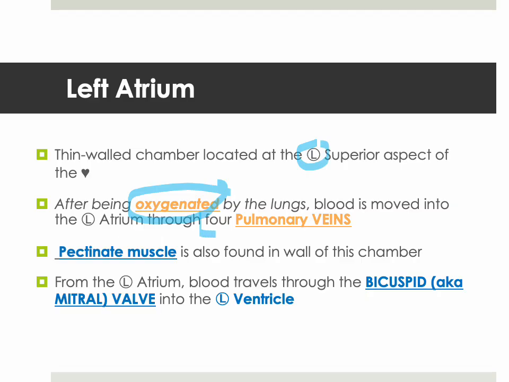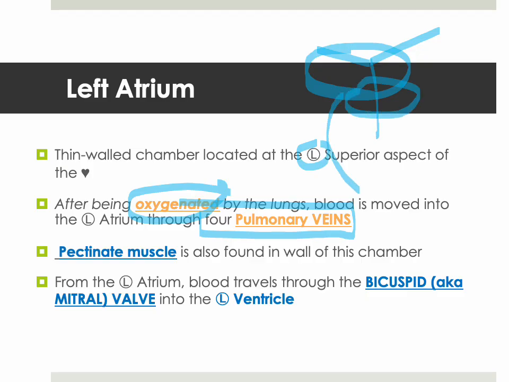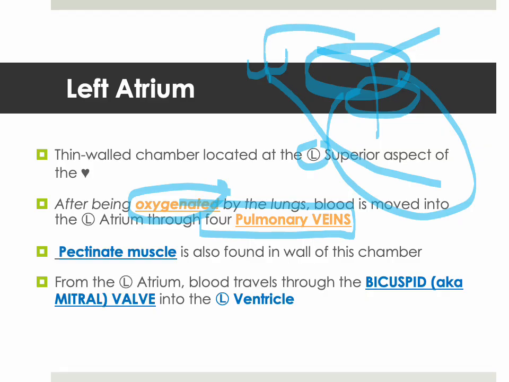So from the left atrium, oxygenated blood is going to go through the bicuspid valve to the left ventricle, and then it's going to pass through the valves known as the aortic valves to the aortic trunk, and then to the rest of the body.